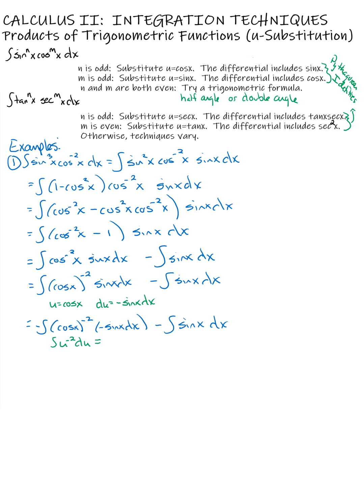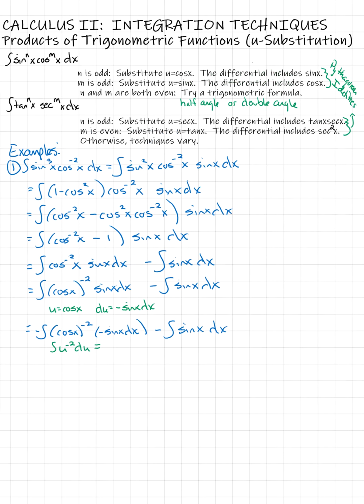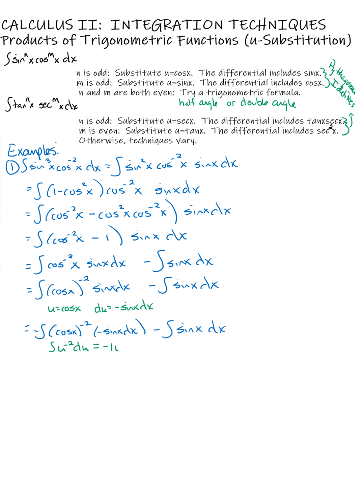Notice now I'm integrating, not differentiating. Integrating this, we get u to the negative 1 over negative 1, or just negative 1 u to the negative 1. All right, so of course I don't really need that negative 1 there in the front. I'll just write that as negative u to the negative 1.